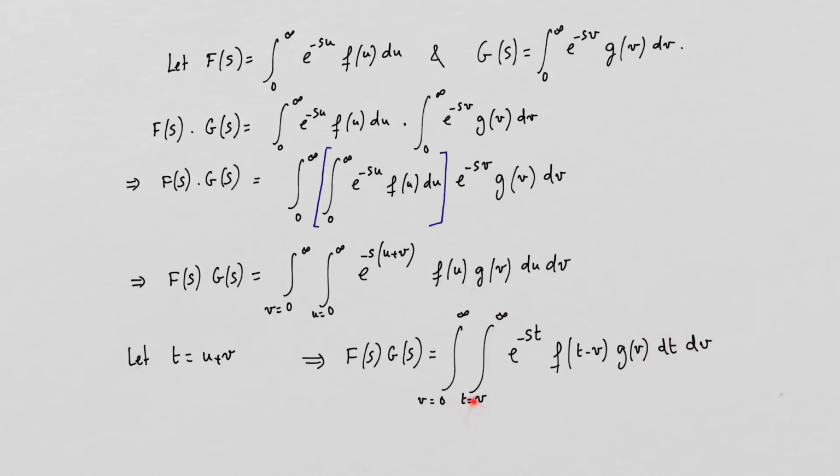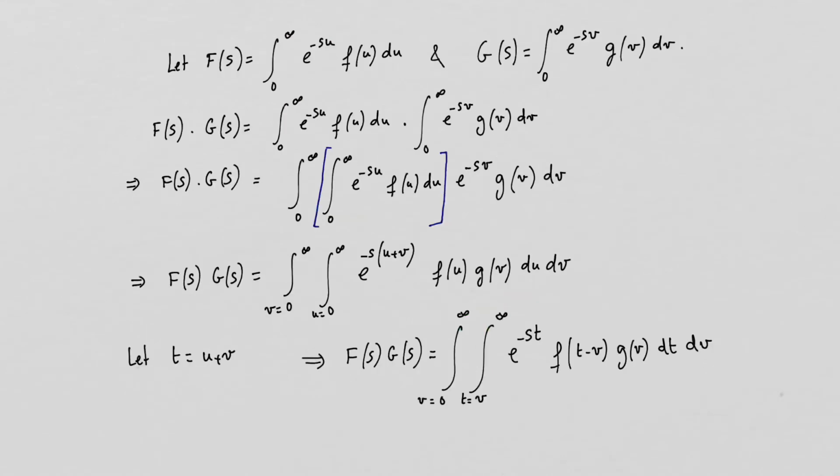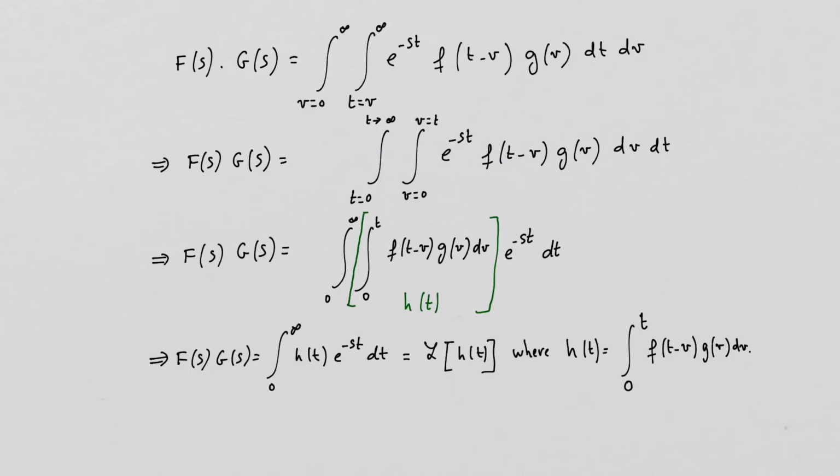That's just a line like y equals x to infinity, and v goes from 0 to infinity. And flip the order as you've done many times in calculus and multivariable calculus and see if this is true, okay? So remember, I'm still looking for the product of capital F times capital G, all right?